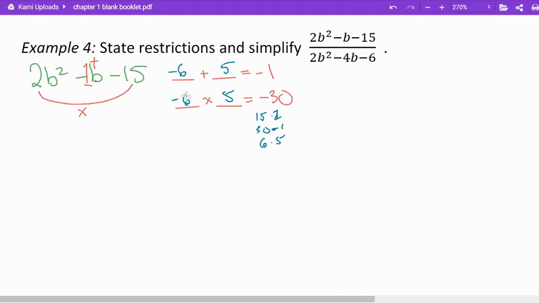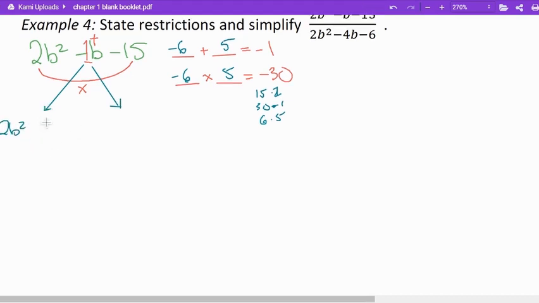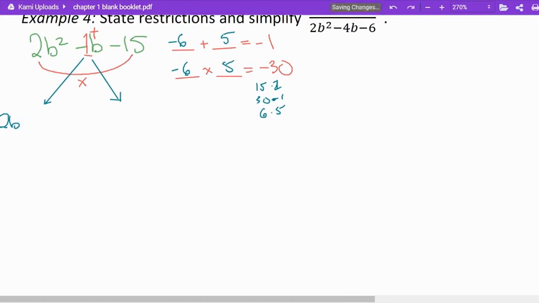So, okay. And so we decompose. Two b squared minus 6b plus 5b. You want to do a different order?